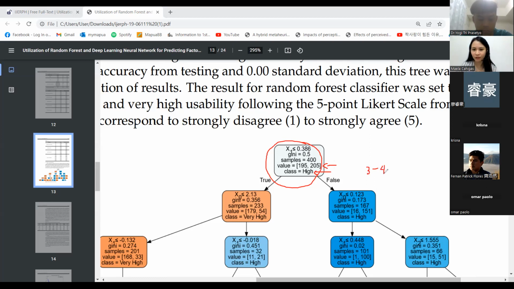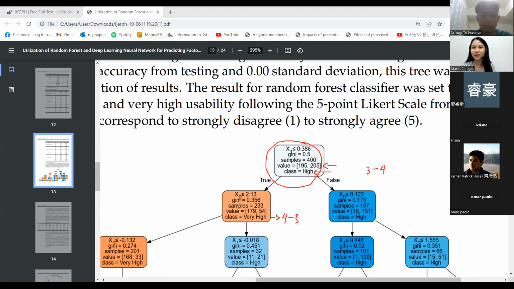Let's say 3 to 4 for high, because I can see very high here, and very high means Likert scale 4 to 5. So we're not really sure up until this point what kind of partitioning the random forest classifier was able to show.